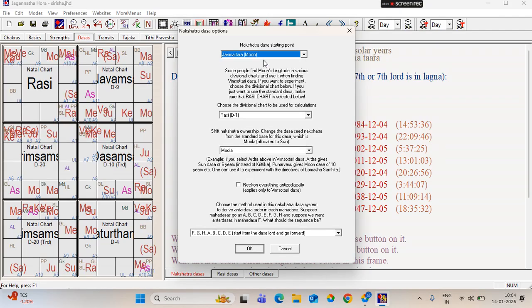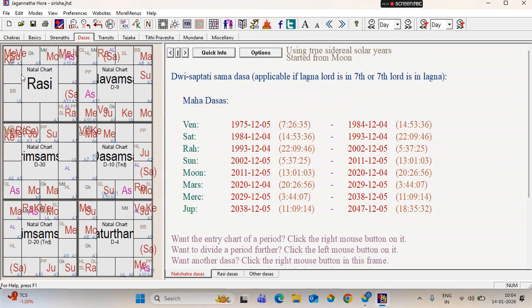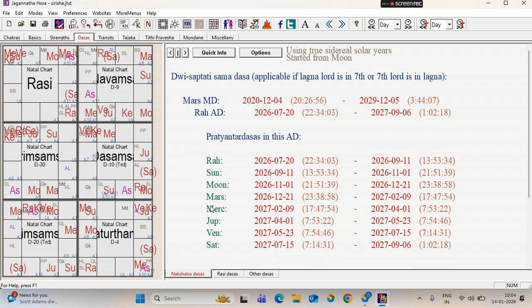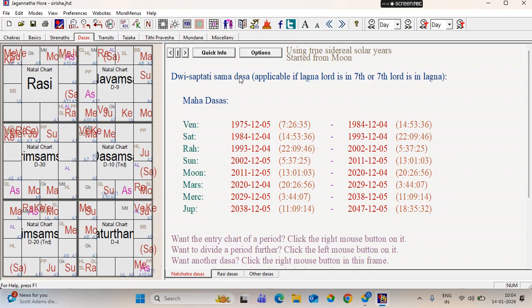Here I am taking Dvisaptati Sama Dasha because Jupiter, the lord of the seventh house, is going and sitting in the like that. This is the variation of the Vimshottari Dasha. So when is it that the person is going to get money? Now she is under Mars Dasha, which is not a good Dasha. In 2026 July, there is a probability that she is going to get money. 2026 July to 2026 September, that is one thing.